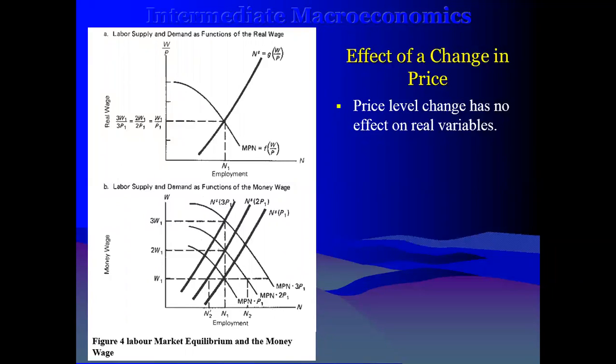If there's an increase in price and we hold the nominal wage constant, it means that there's a reduction in real wage, and labor will realize that their take-home salary is doing nothing. They cannot buy the quantity of goods and services that they used to buy prior to the increase in price.